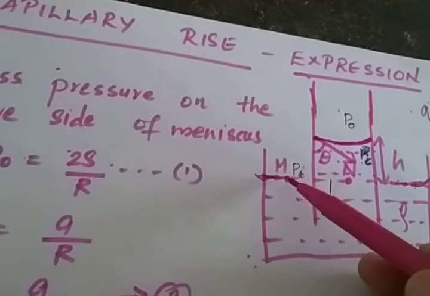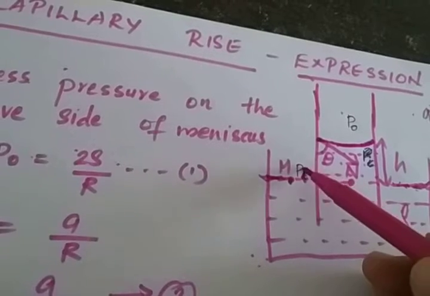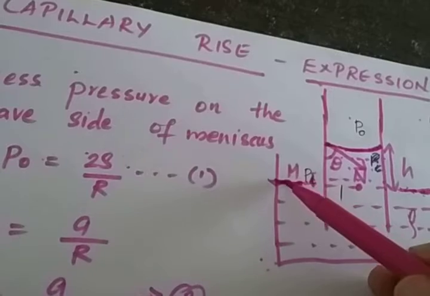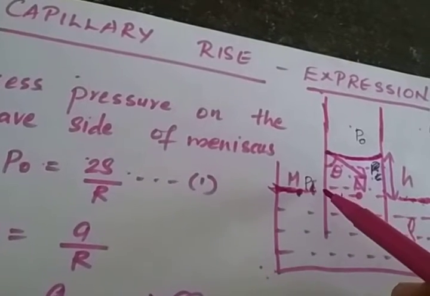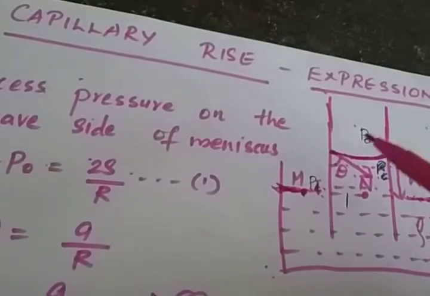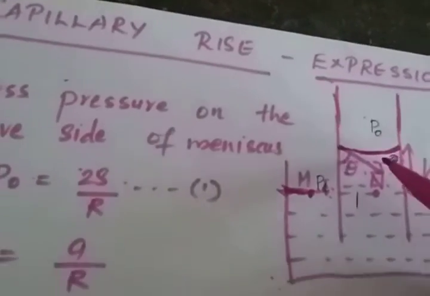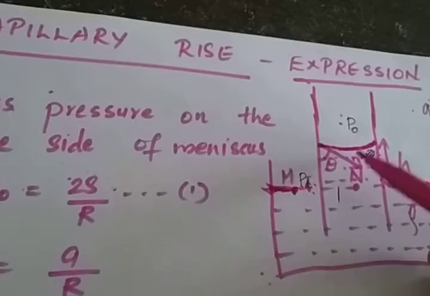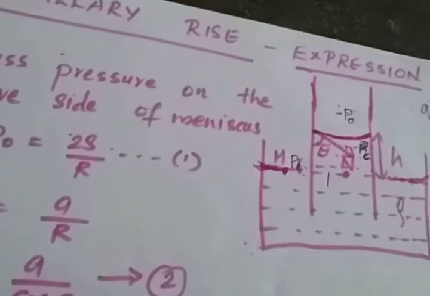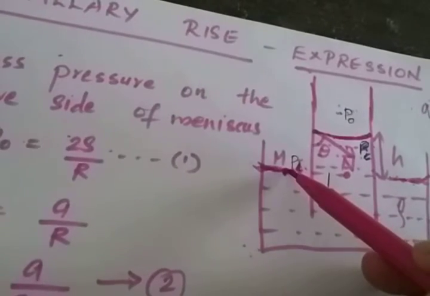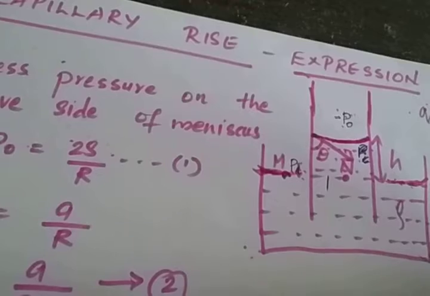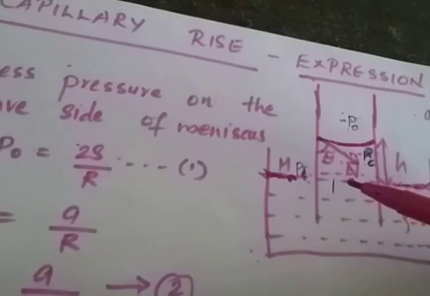So let Pi be the pressure on the concave side, and let Po be the pressure on the other side. If we consider this portion, this is the other side, and here let Po be the pressure. Now there will be a pressure difference.